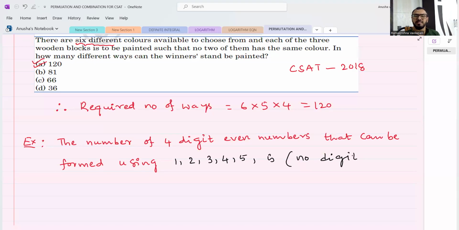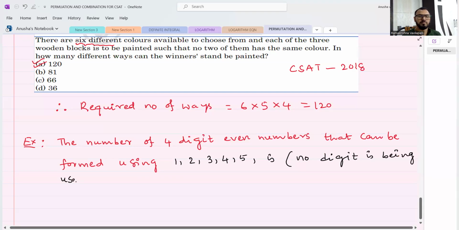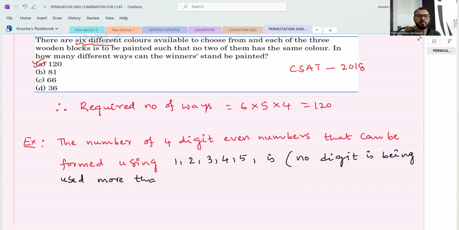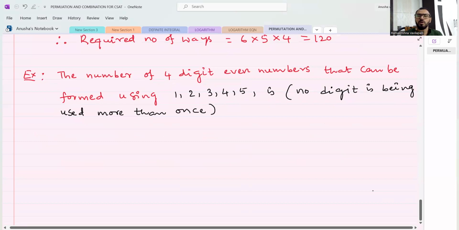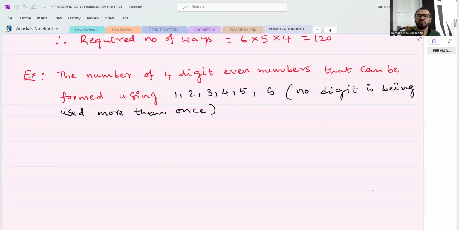No digit is being used more than once. Without any formulas, we can solve this question just by using the box system. We have 5 digits. We want to form 4-digit even numbers.